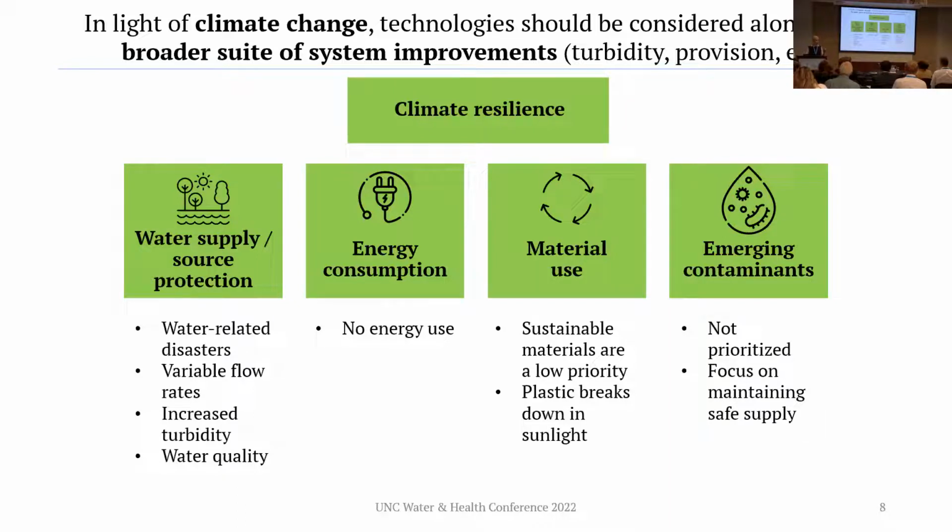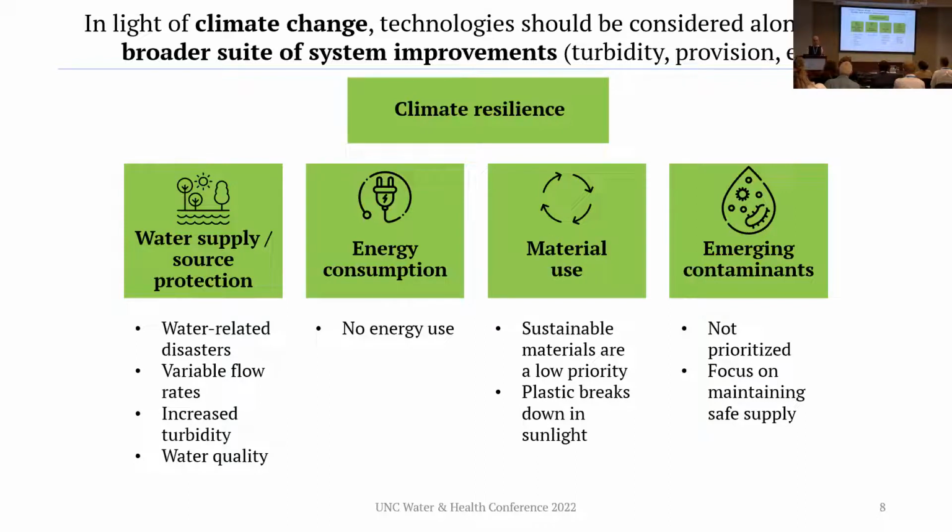Water supply, from the interviews that I conducted, was seen as a big priority. Source protection is really important, and as Katja mentioned as well, passive chlorinators only work well if there's been a pre-filter or on less turbid waters. Energy consumption is not really an issue in passive chlorination because it doesn't require any additional electricity.